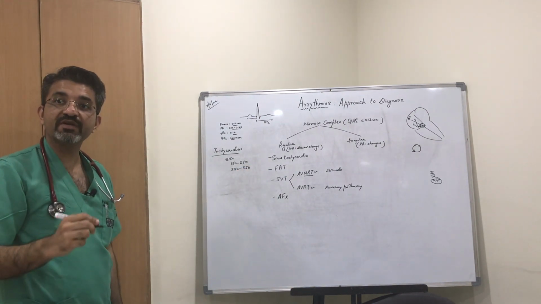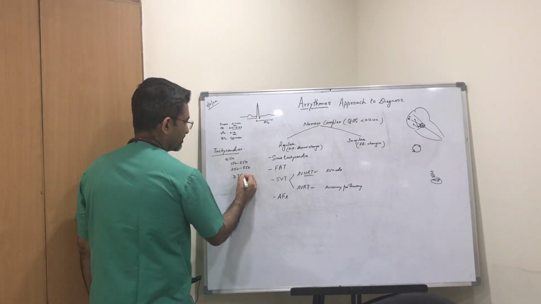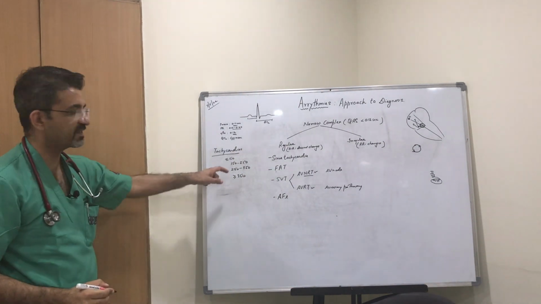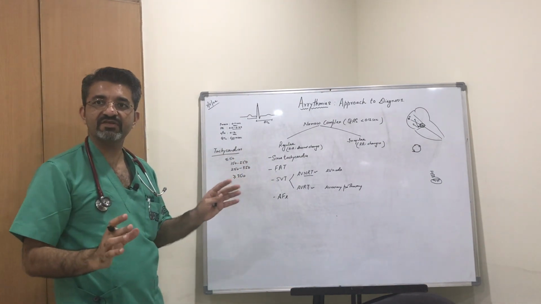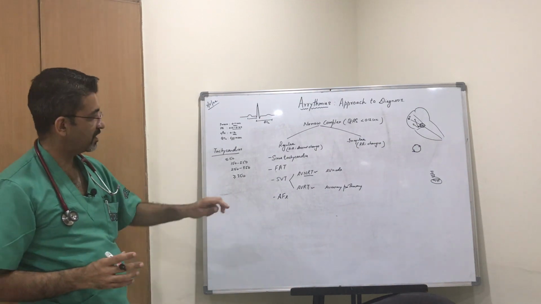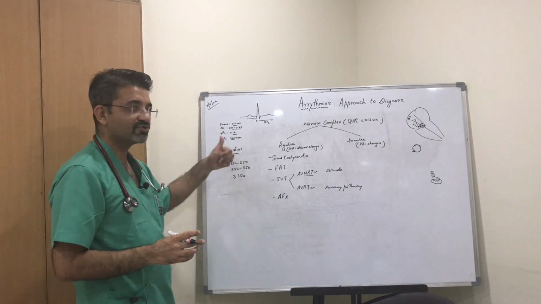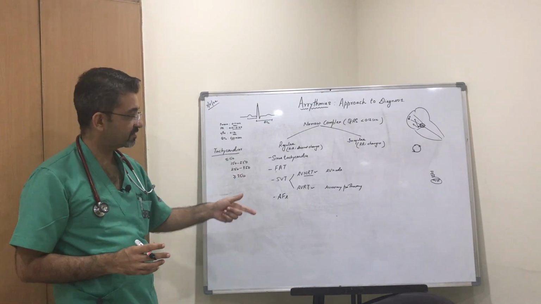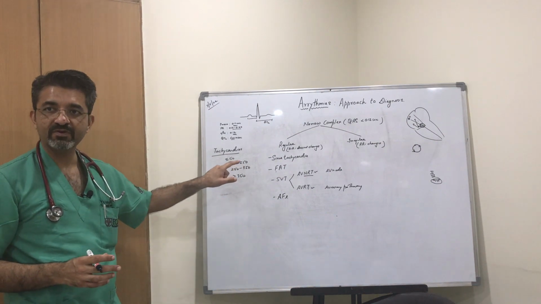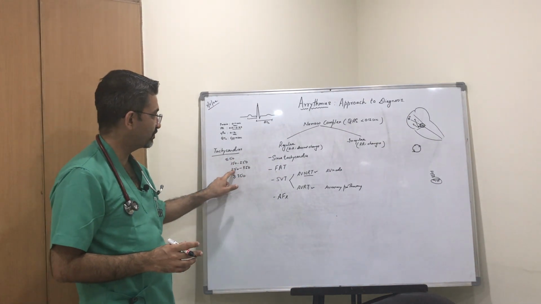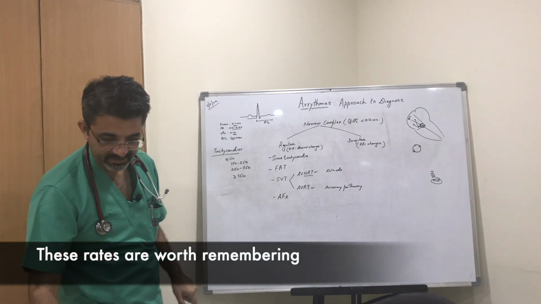And when we talk of fibrillations, the rate is generally more than 350. This is arbitrary. You can have a sinus tachycardia of 180 also, but generally simple tachycardias are less than 150. Any tachycardia which is not sinus tachycardia, such as FAT or SVT, the rate is 150 to 250. Flutter is 250 to 350, and fibrillation is more than 350, right?